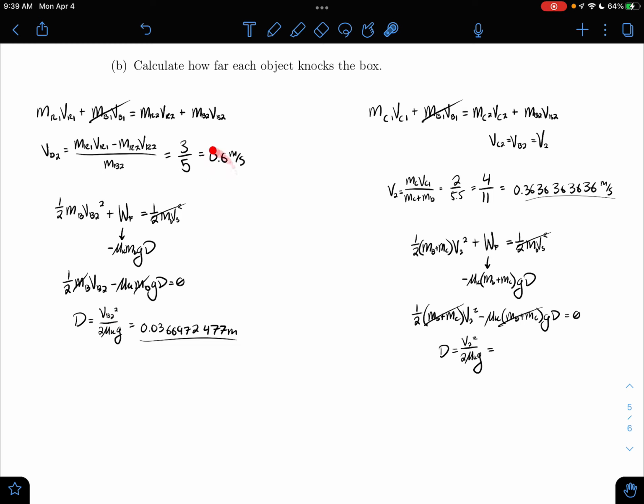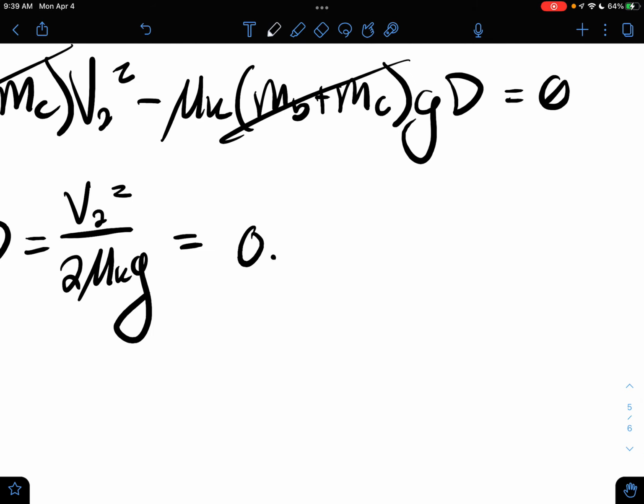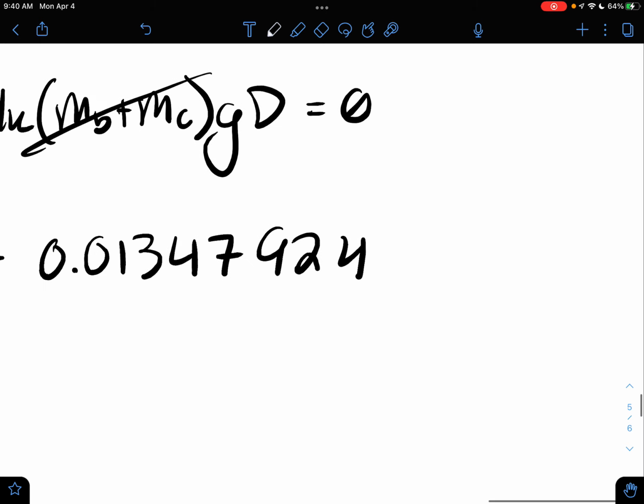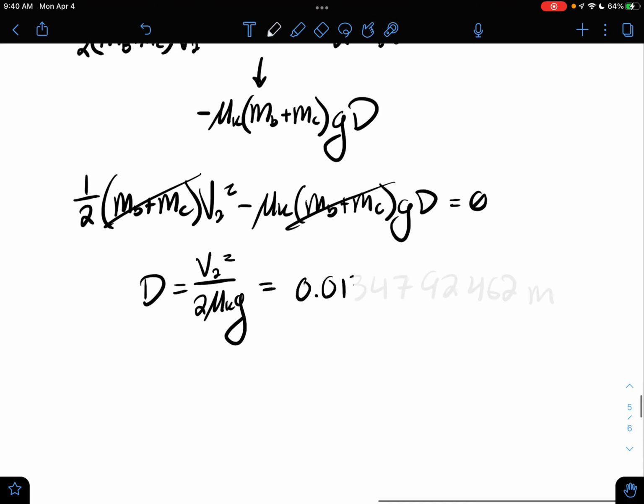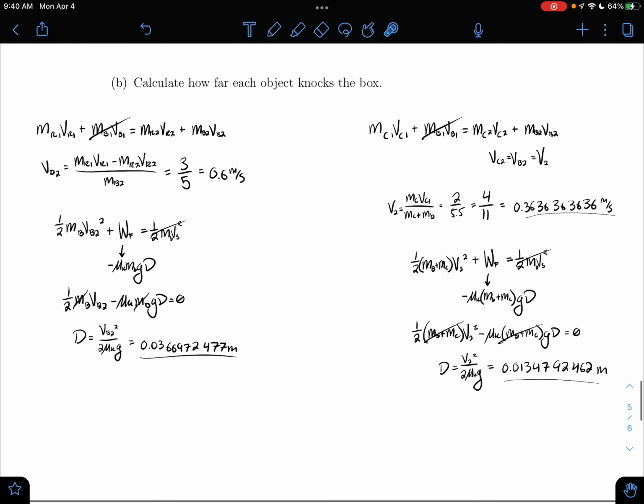And we know that this one had a higher velocity than this one, so this one's going to move not as far, which is what it comes out to be: 0.013479246 meters. So our sanity check is that our velocity is lower, so our distance is lower.